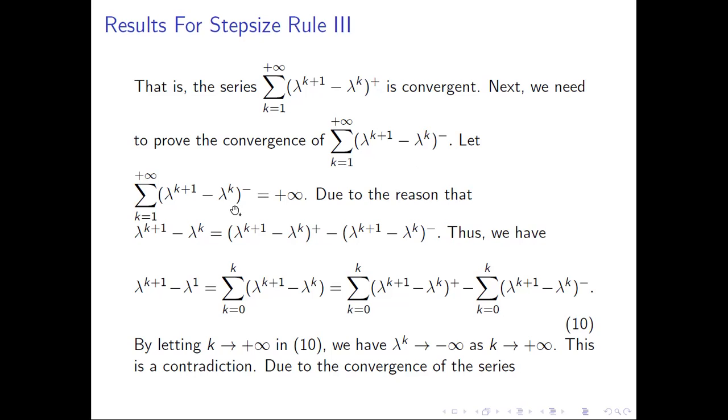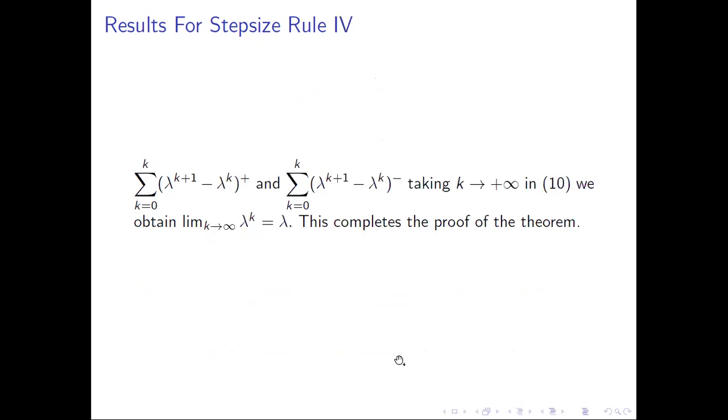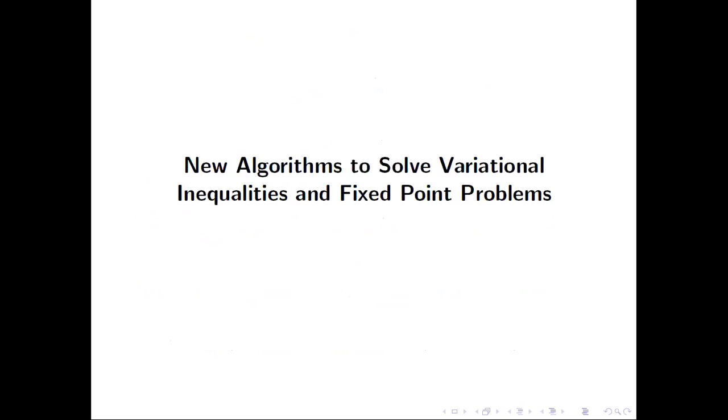Suppose that this is not convergent, then we can show by contradiction that this is not possible, in equation 10. So due to the convergence of both, in 10 we have obtained that lambda k approaches lambda. This gives the guarantee that this series is bounded and convergent.